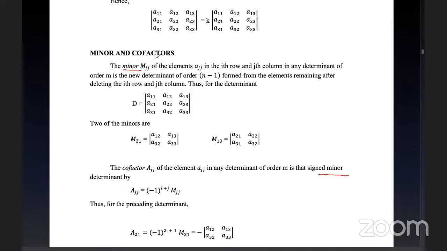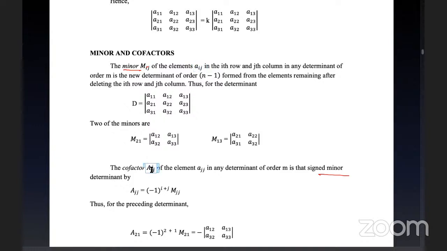So yung subscripts, baguhin natin yung subscript kasi dapat I, J. Yeah, it should be IJ. Ganun din dito. Yung I na subscript para dun sa row. And then yung J for the column.